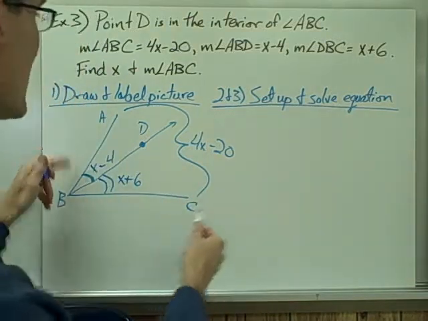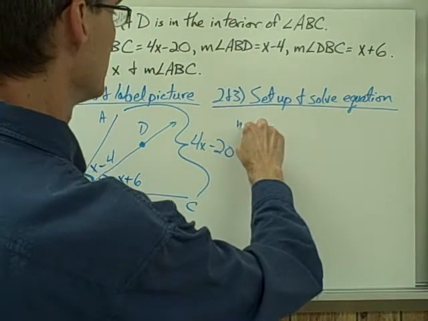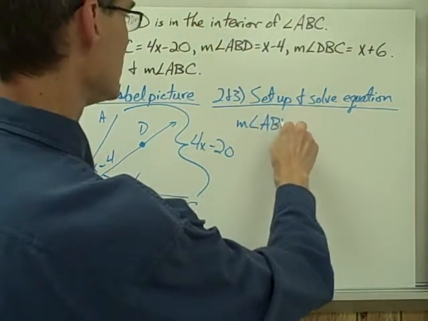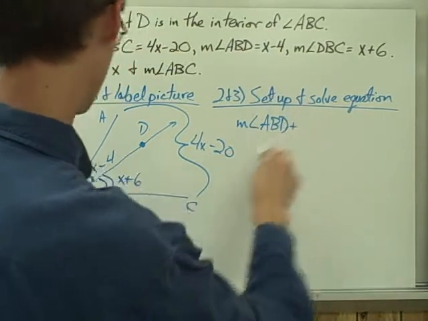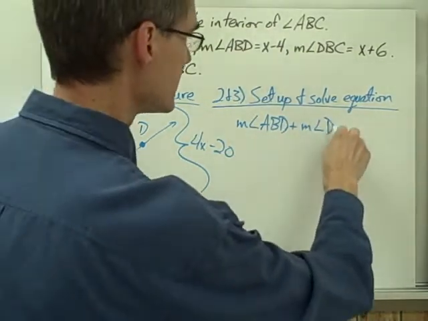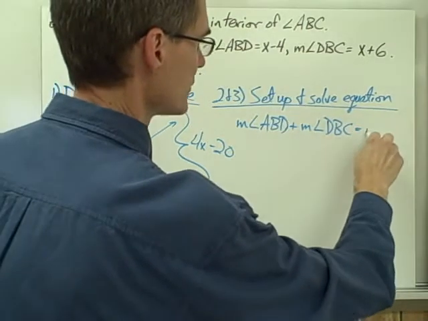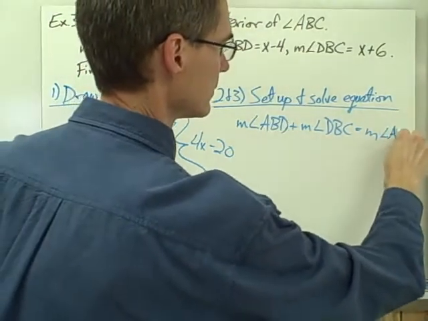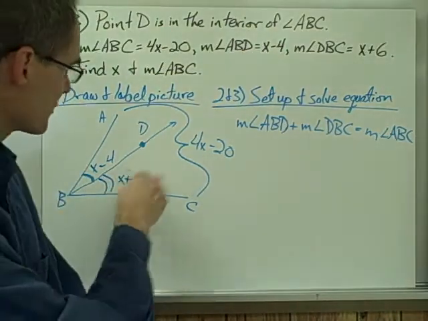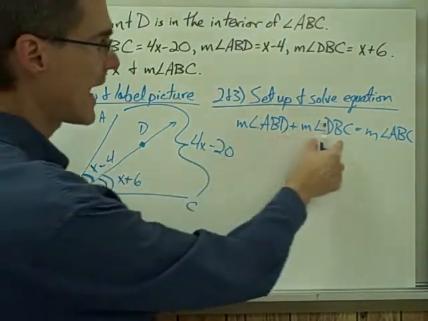So according to my angle addition postulate, the measure of angle ABD plus the measure of angle DBC equals the measure of angle ABC. Now I've got expressions for each one of these angle measures.